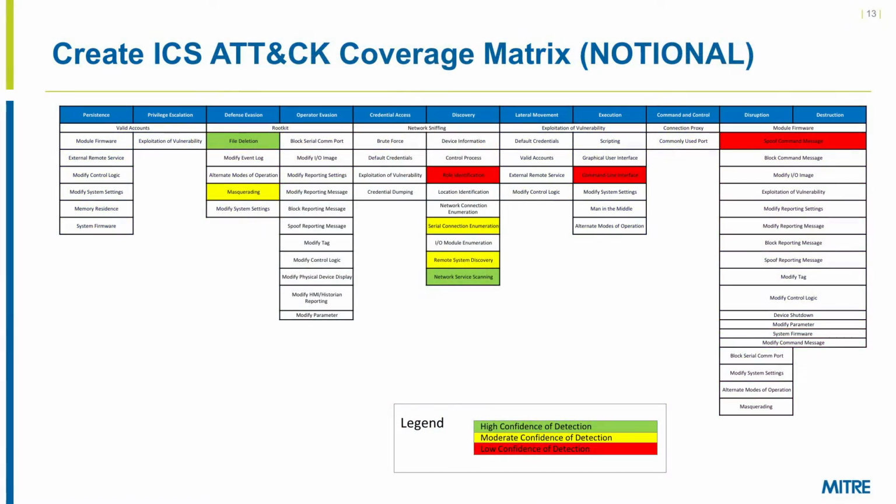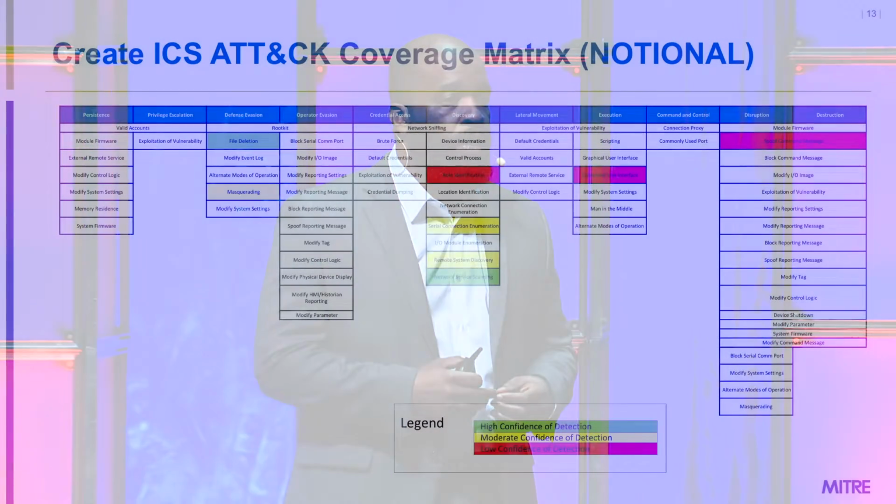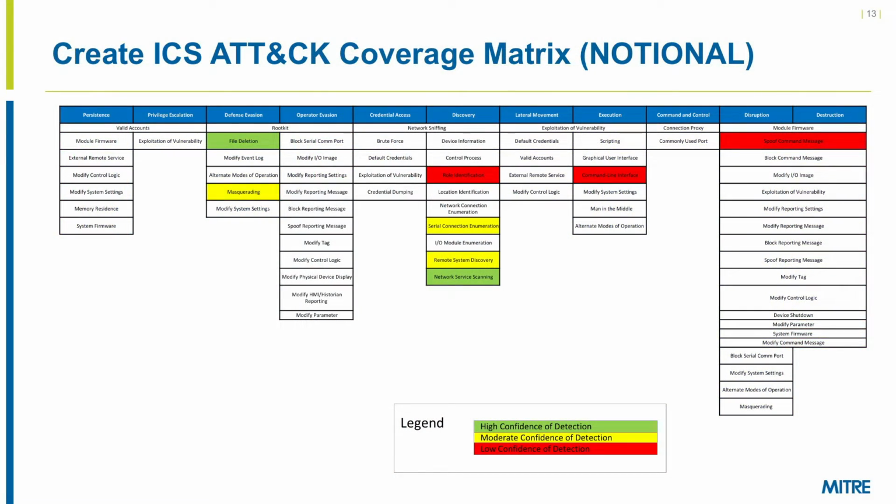It's a coverage matrix. You can think about this as initially the red team provides this technique matrix, highlighted with the activities that they're going to do, to the blue team. The blue team can go through, as they're working or afterwards, and highlight and show what they have confidence in coverage of. We can show that for certain techniques we have low confidence that we can detect them, but for some other ones we have high confidence.